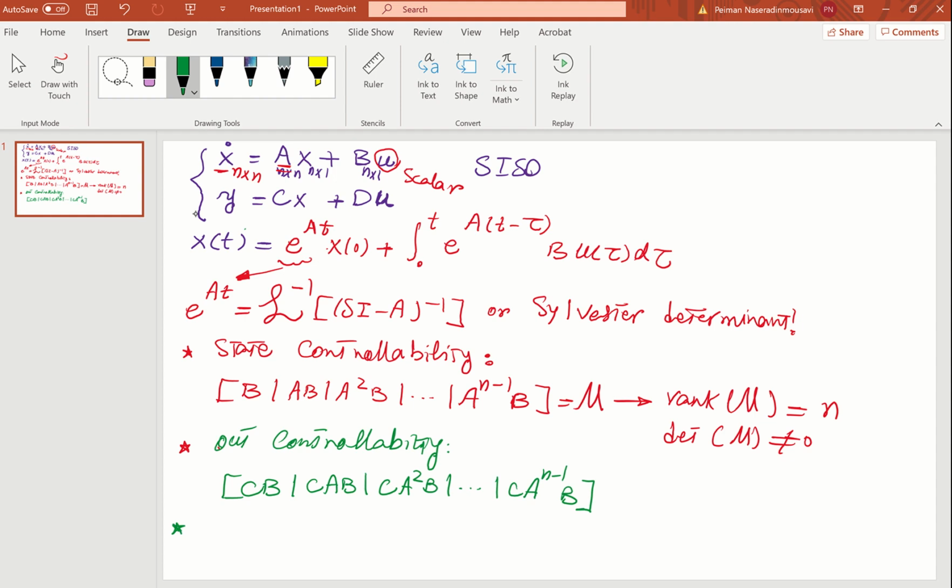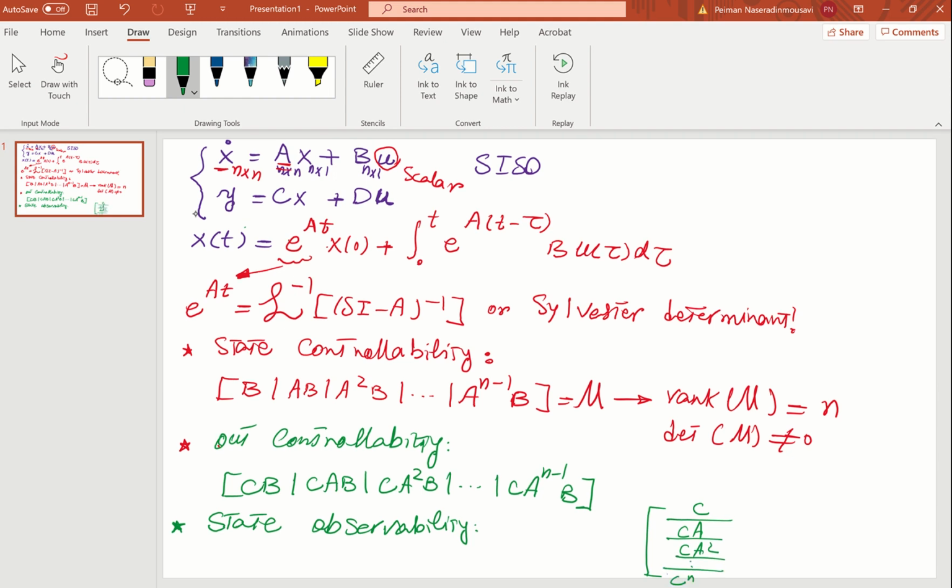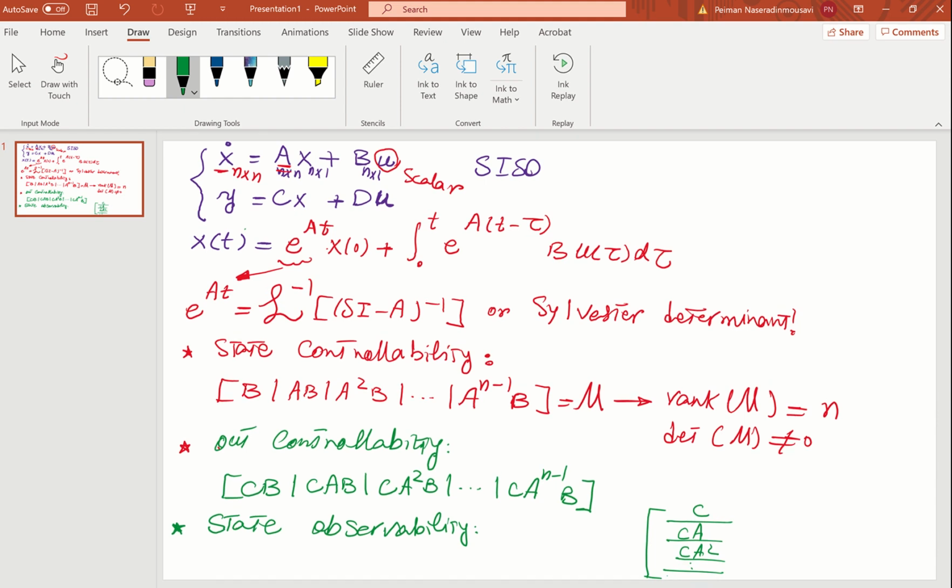Then comes complete state observability. You have to check this matrix: C, CA, CA squared, up to CA to the n minus 1, as you have in your notes.